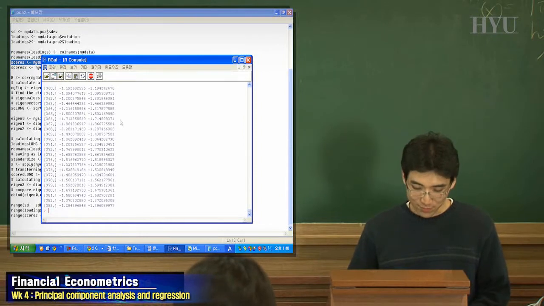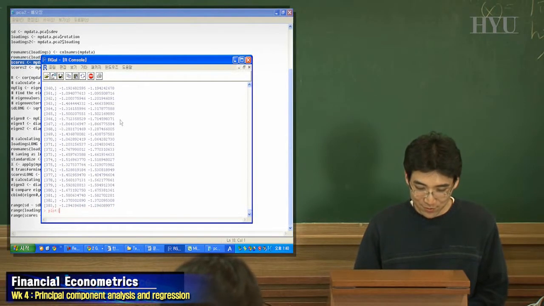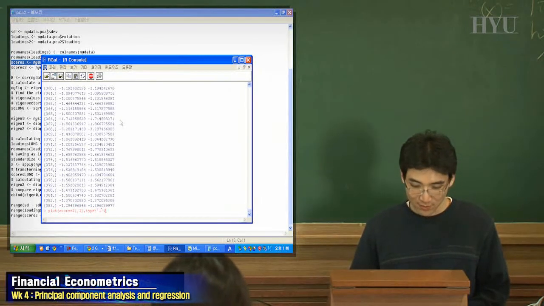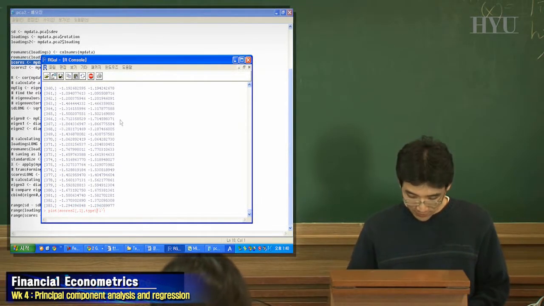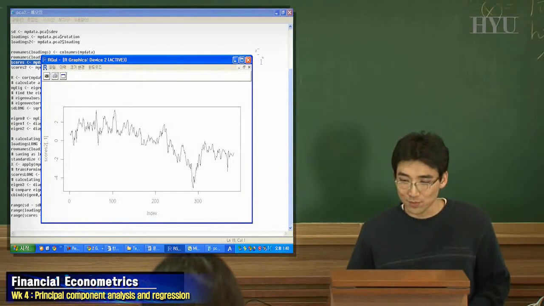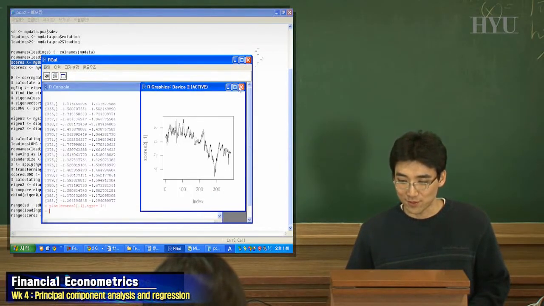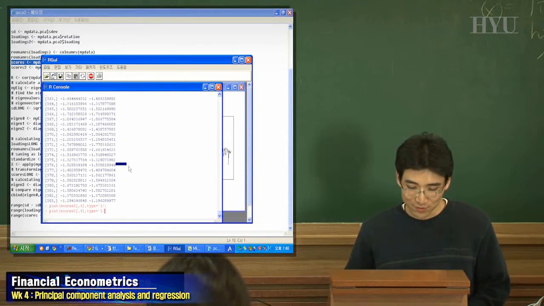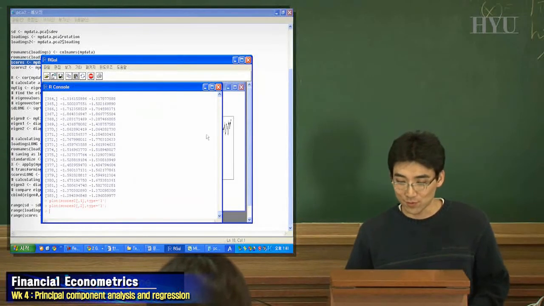And then let's plot the second part, plot scores 2, 1, type l, type line. This looks similar to the previous graph. For my curiosity, let's plot the second principal component.